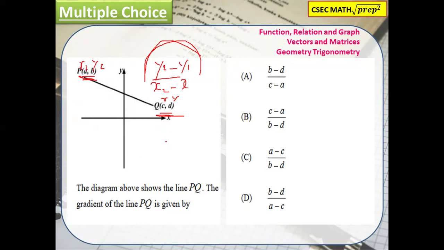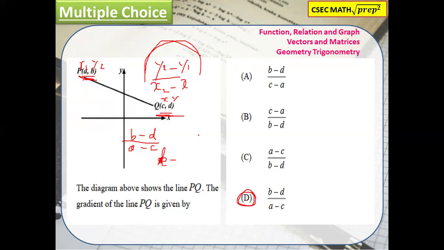So if that's the case, now what we're going to have is, sorry, the B. Yeah, right. So if these are the ones, then these are the twos, right? So we're having this B first, B here, minus D, and then A here, minus C. Right, the rise over the run, and our answer is this one, D.